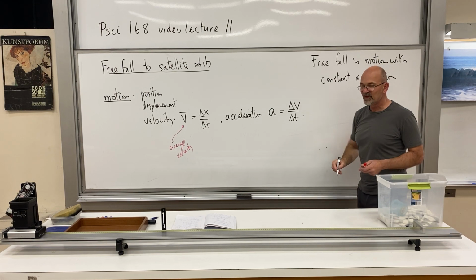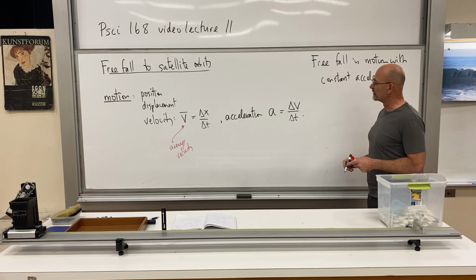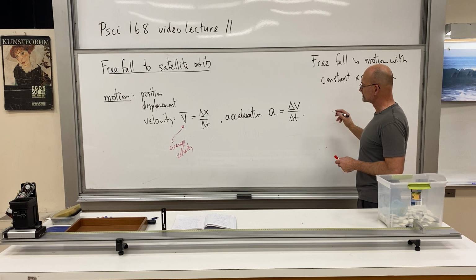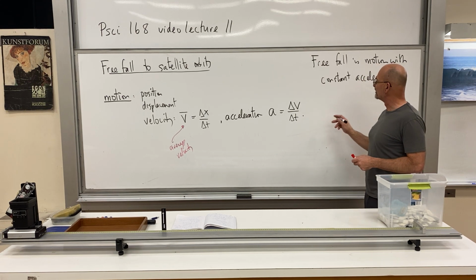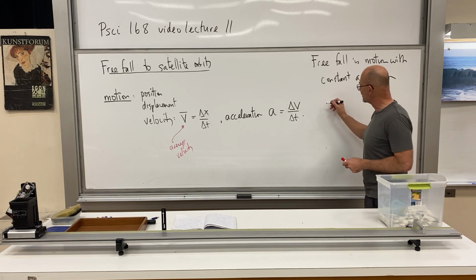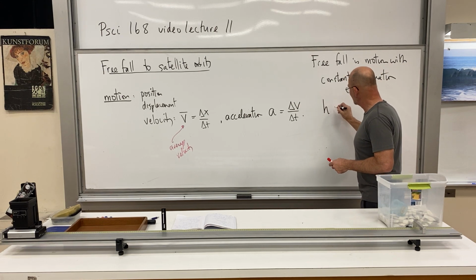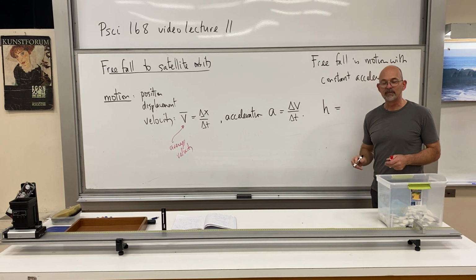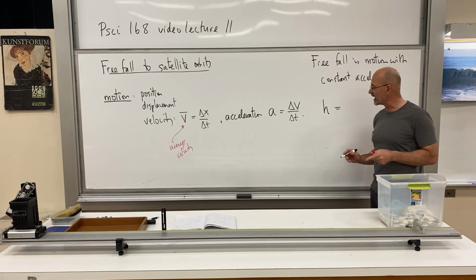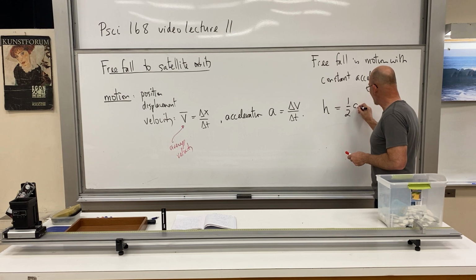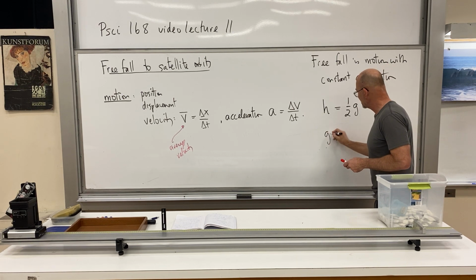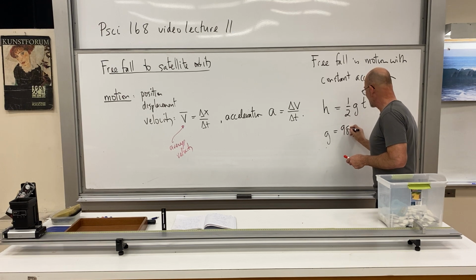And we ended with the formula for free fall. And there is a systematic derivation of this, but once we had the constant acceleration, we knew that the distance fallen was going to be proportional to the time squared. The proportionality constant is 1/2 g, and that g is 9.8 meters per second squared.